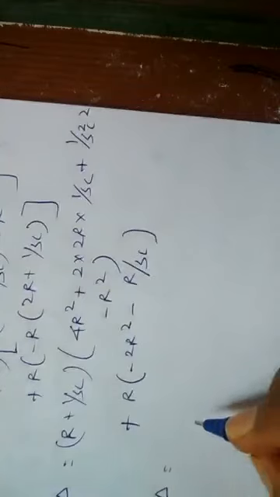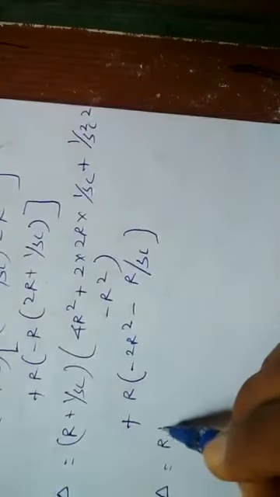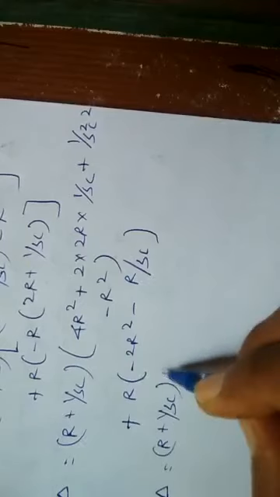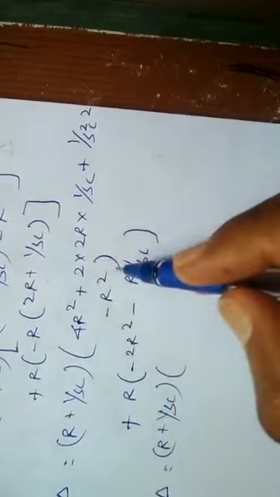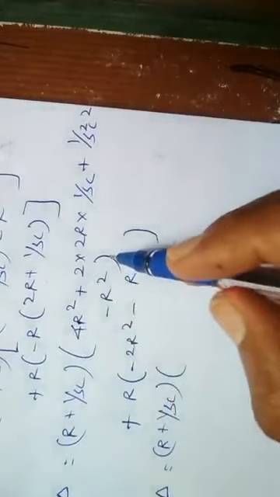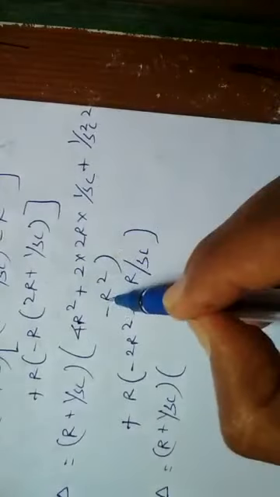Next, del becomes R plus 1 by SC into, here it is 4R squared, here we will be having 4R by SC plus 1 by S squared C squared minus R squared.